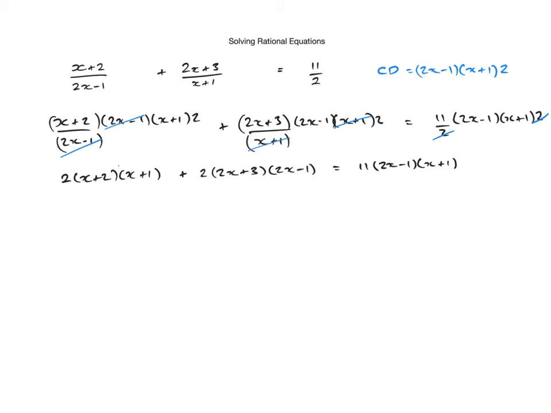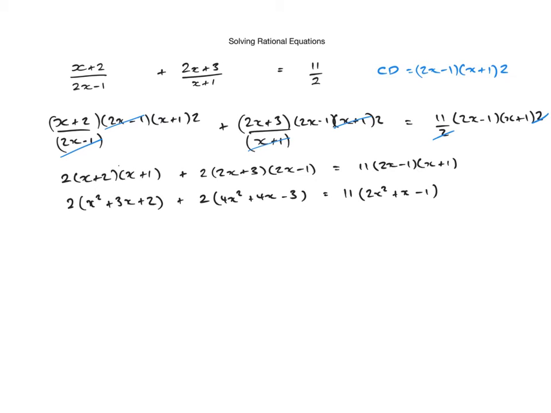What's going to happen there is we're going to get 2 lots of x squared plus 3x plus 2, plus 2 lots here of 2x by 2x is 4x squared, plus 6x minus 2x, so plus 4x, minus 3, is equal to 11 lots of 2x by x is 2x squared, we've got minus x plus 2x, so plus x, minus 1.